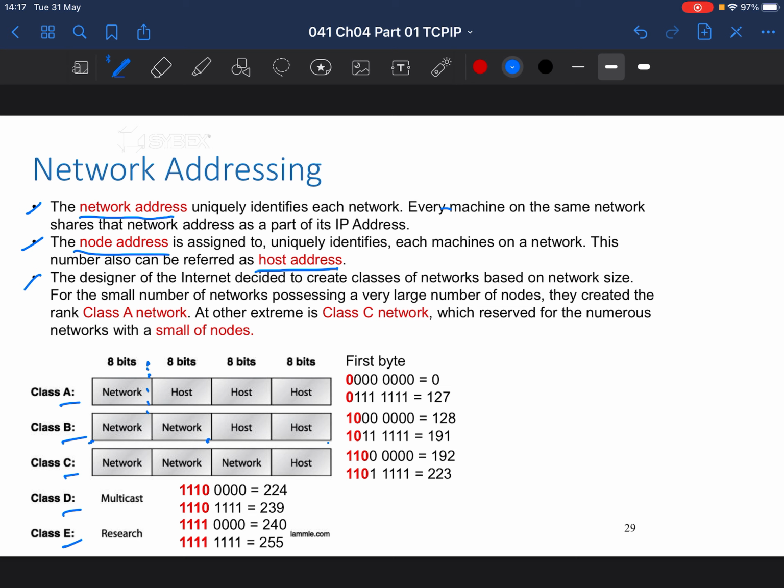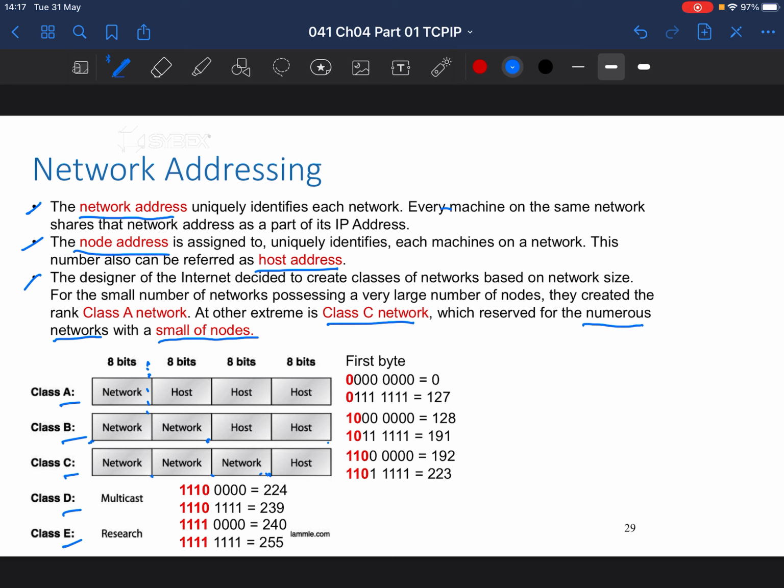And for class C, we have 3 octets, or 3 bytes, for the network, and only one byte, 1 octet, for the host. This is considered a large number of networks but with a small number of nodes.